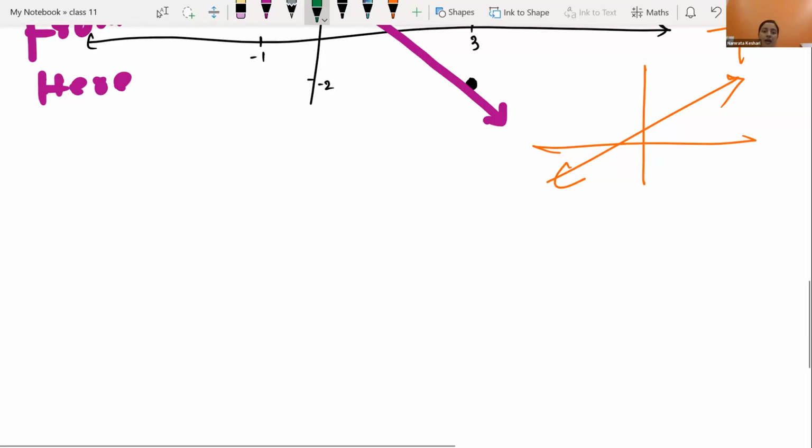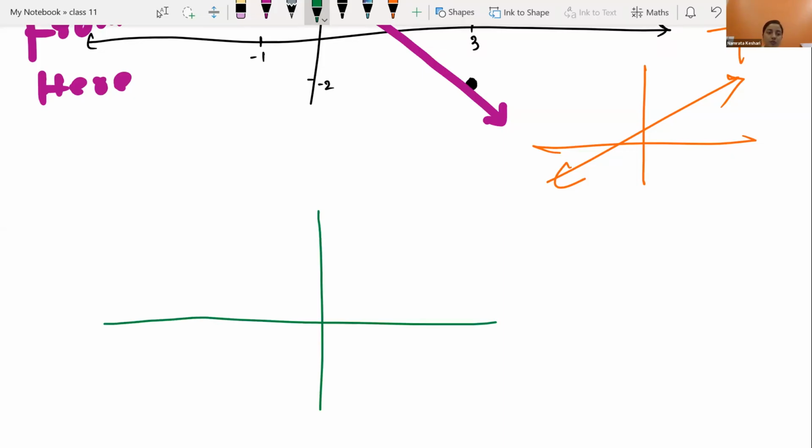Next, if the line's slope was 0, the points were like this: one point was 3 comma minus 2 and another point was 7 comma minus 2. Let's locate them. x is 3, y is minus 2, somewhere here. And x is 7, y is minus 2, somewhere here.